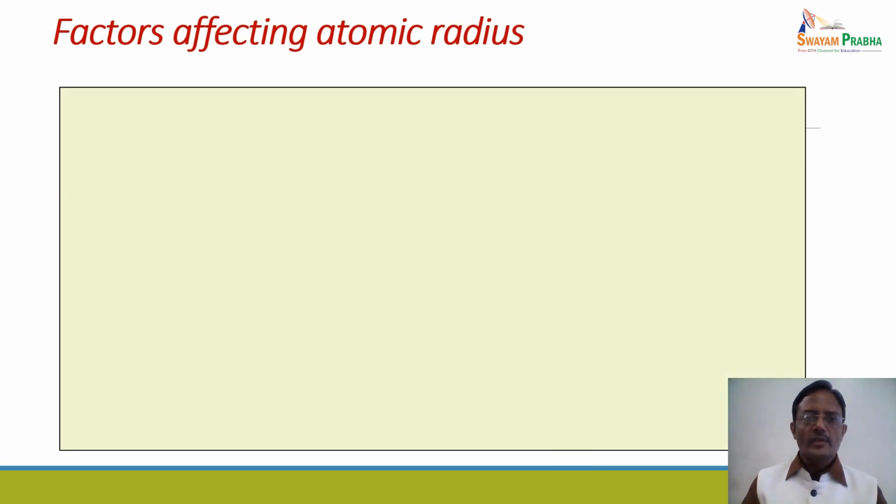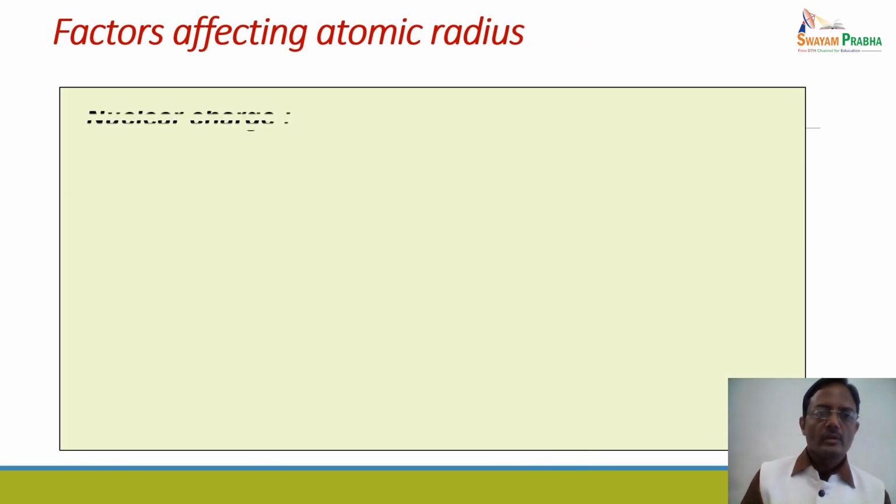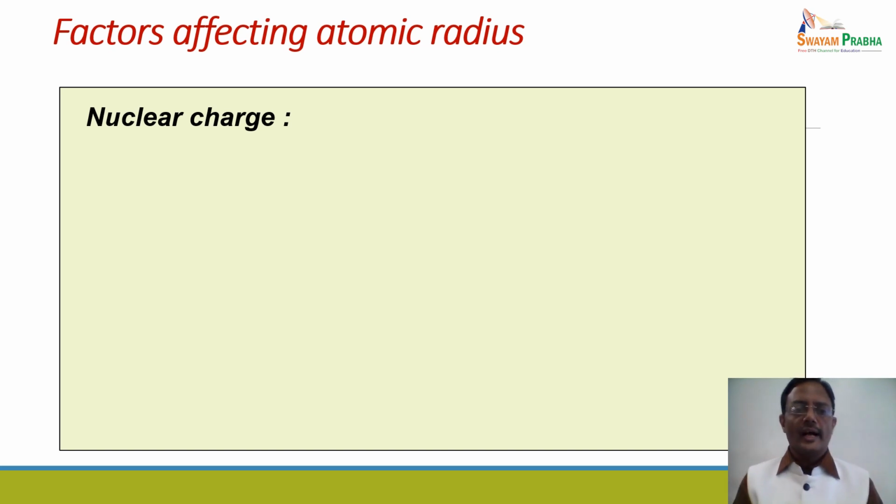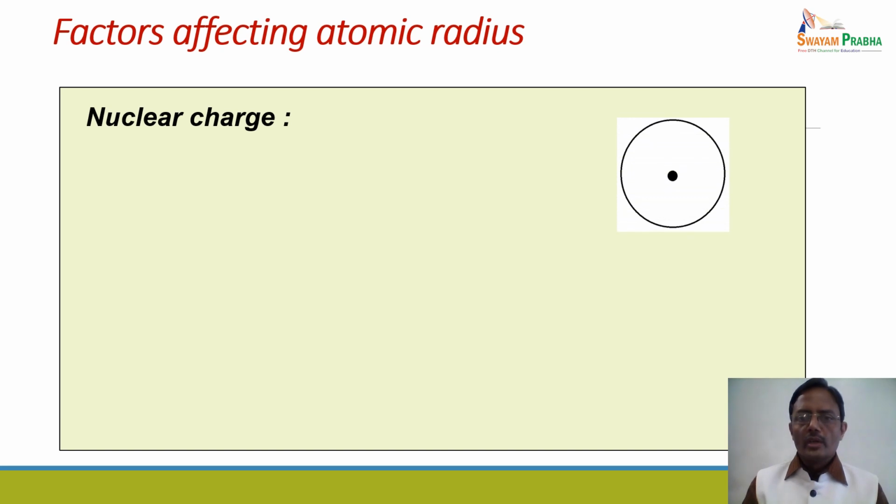What are the factors which govern the atomic radius? The very first factor which governs the atomic radius is the nuclear charge. Now, if you have an atom with a positive nucleus and an electron revolving around it, when the nuclear charge increases, what will happen?